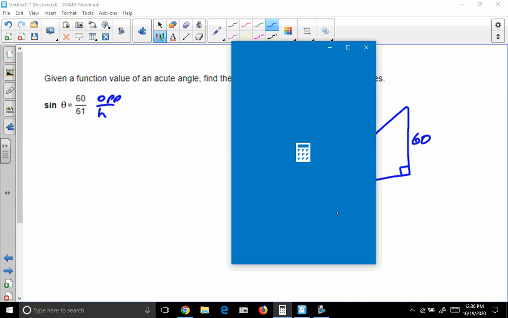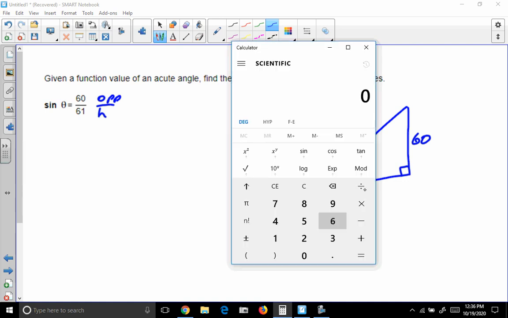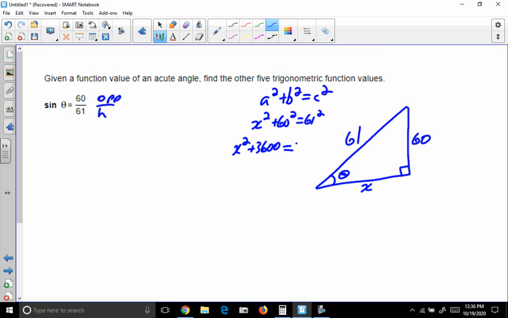If we take out a calculator and do 61 squared, we would get 3,721. Subtract 3,600 from both sides. So x squared is 121. If we take the square root of both sides, we get that x is 11. So this other side is 11.